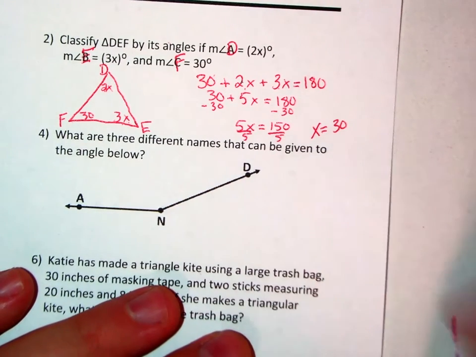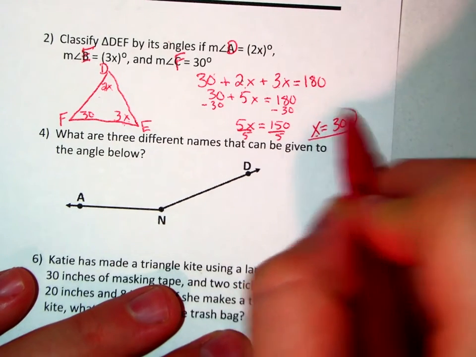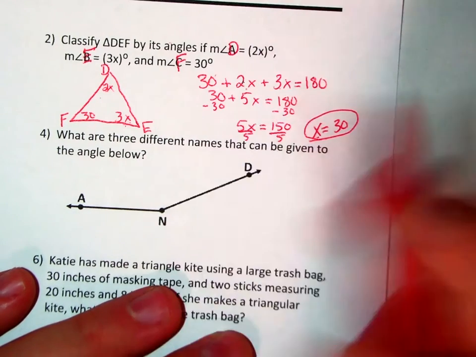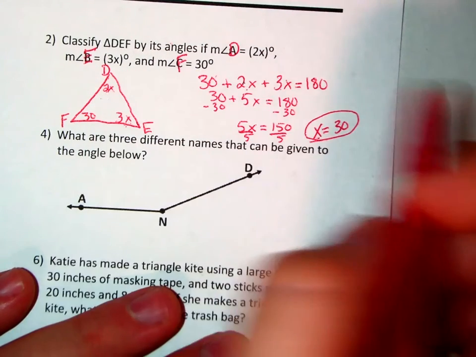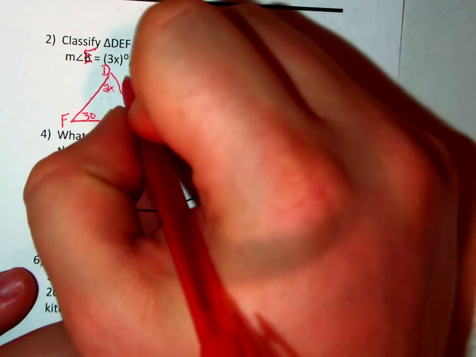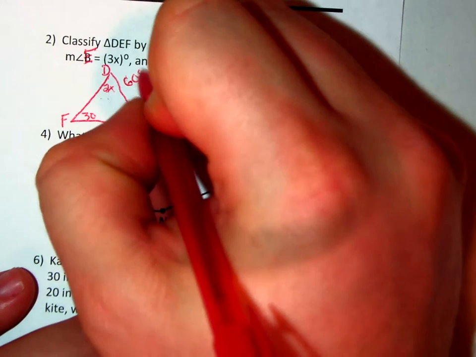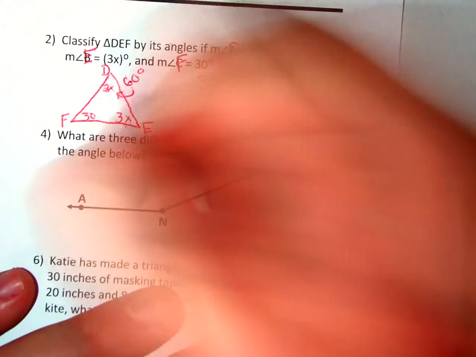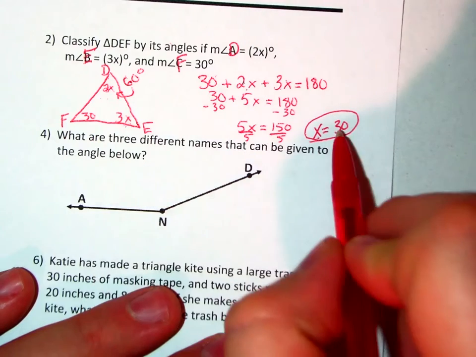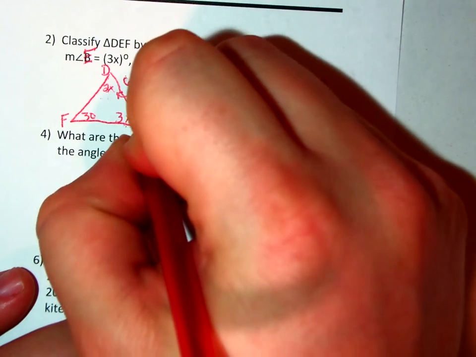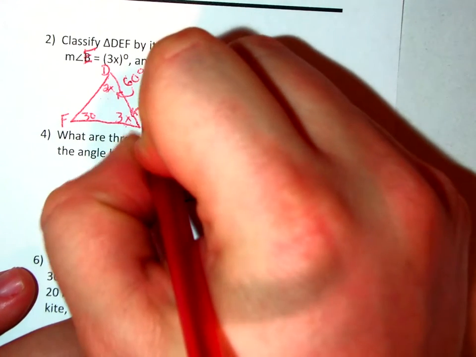In order to find the degrees of each of these angles, I need to plug my value 30 in for x. So for angle D, that is 2x, 2 times 30 is 60 degrees. 3 times 30 is 90 degrees.